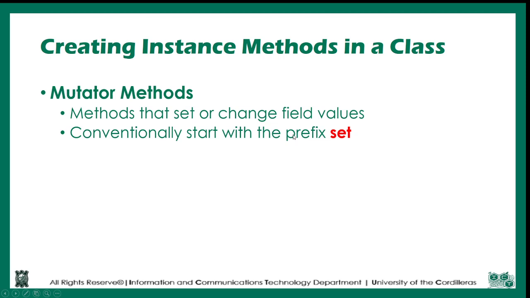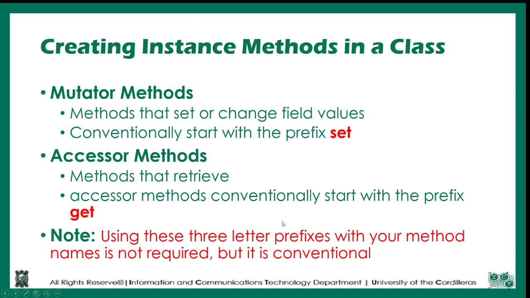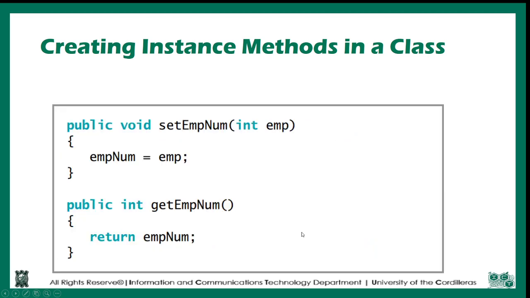Now, accessor methods are methods that retrieve, and they usually start with the prefix get. So set methods are mutator methods, and get methods are accessor methods. This is actually not required, the set and get, but it's conventional.